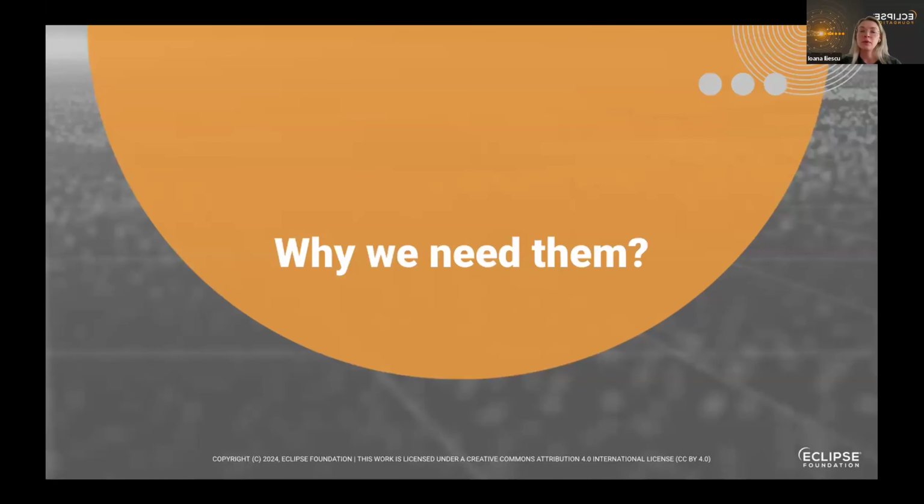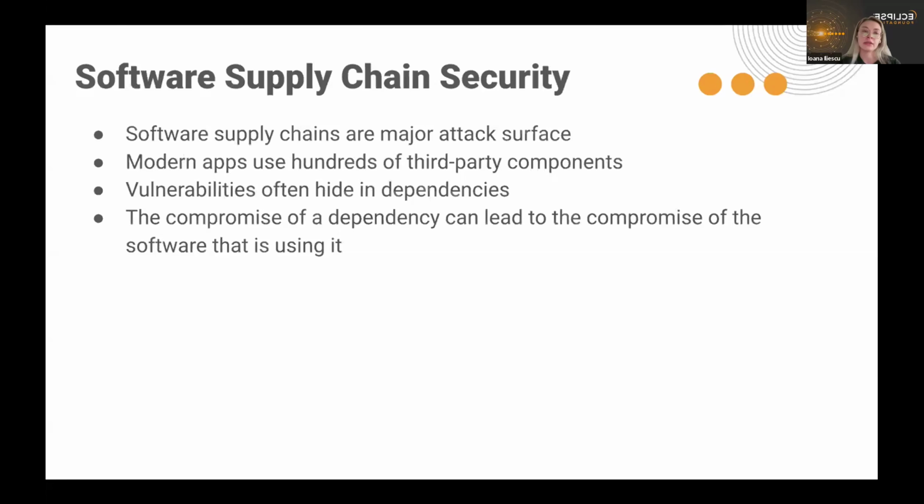Now that we discussed what an SBOM is, let's say why we need them. Supply chain security has been a very discussed topic in recent years. Modern apps use hundreds of third-party components, and oftentimes vulnerabilities hide in these dependencies. So it might be the case that the compromise of one dependency can lead to the compromise of the software that is using it.